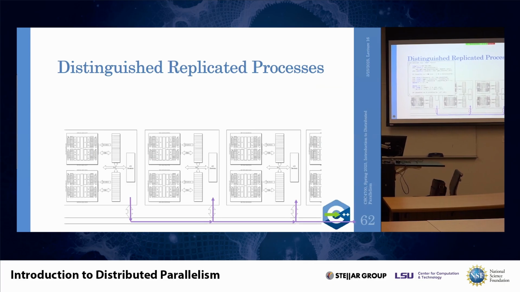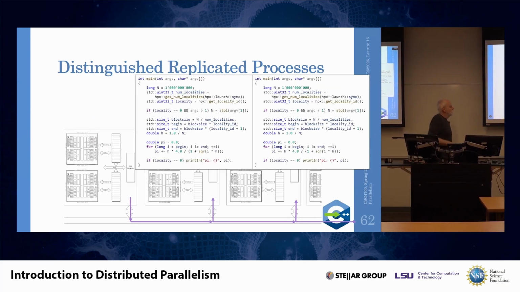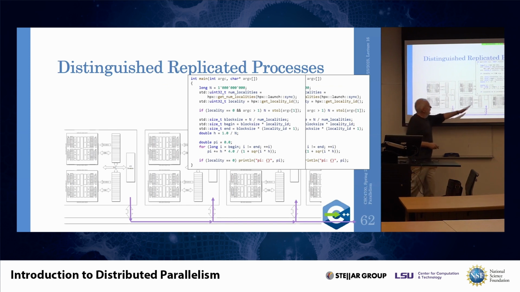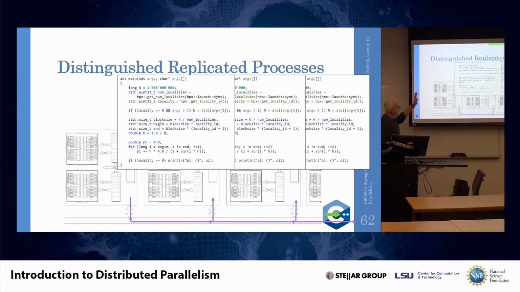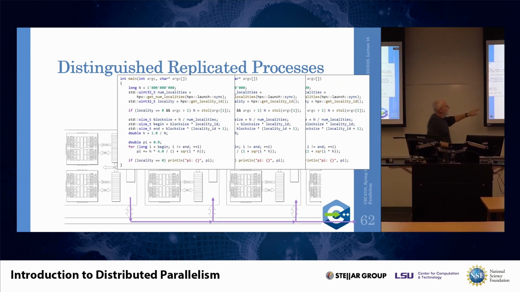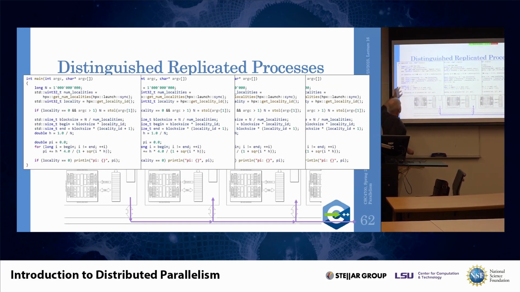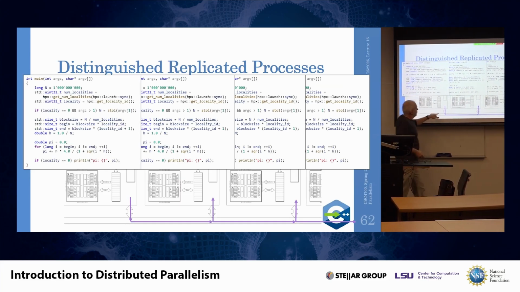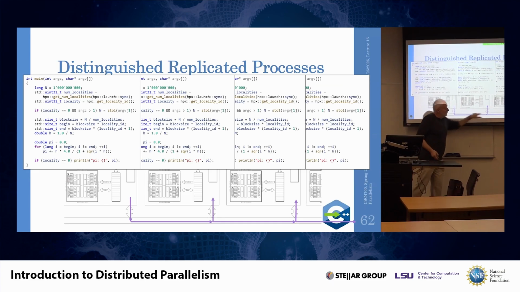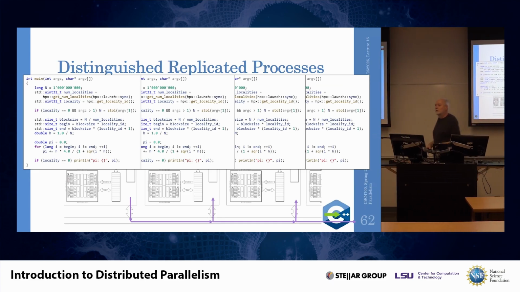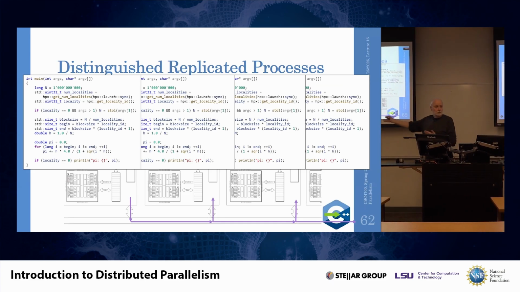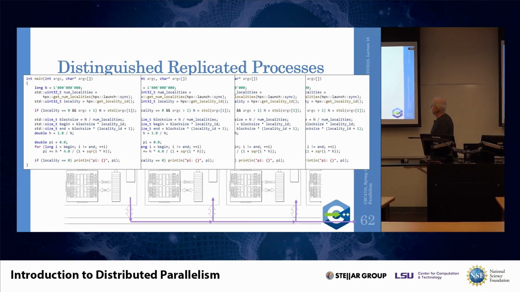And eventually, we got to the point where we had 4 nodes, and each of the nodes runs exactly the same code. And okay, I left out the communication operations here, the broadcast and the reduce, but those are the ones that actually communicate over the network and do the appropriate operations.